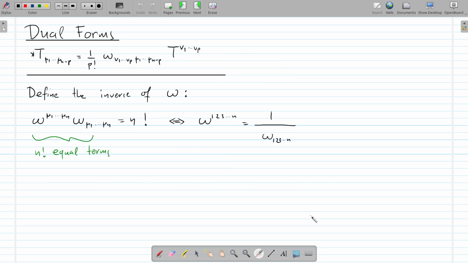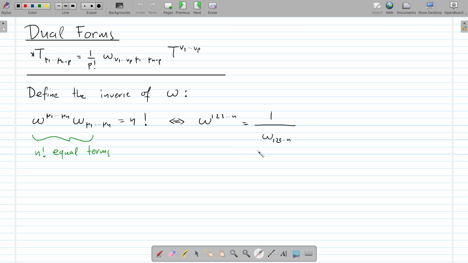In order to define duals of p forms, we have to consider an n vector that will be called the inverse of omega. First of all, notice that an n form has only one independent component. All the rest are obtained by permuting the indices and multiplied by the sign of the permutation. And of course this is consistent with the fact that all n forms are proportional to each other.